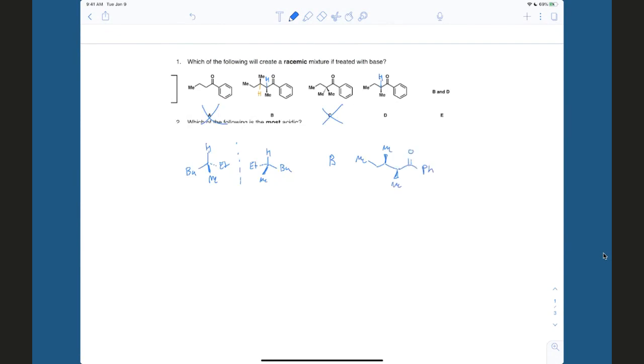I'm going to say phenyl to save time. And for D, we'd end up getting a mixture of these two compounds.